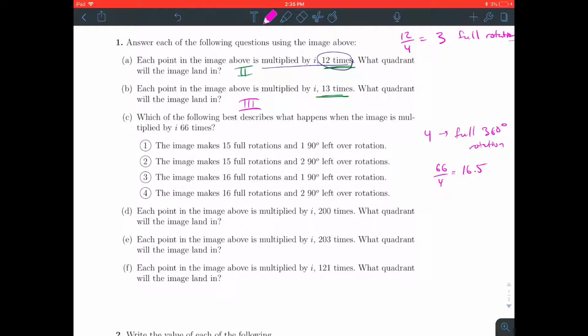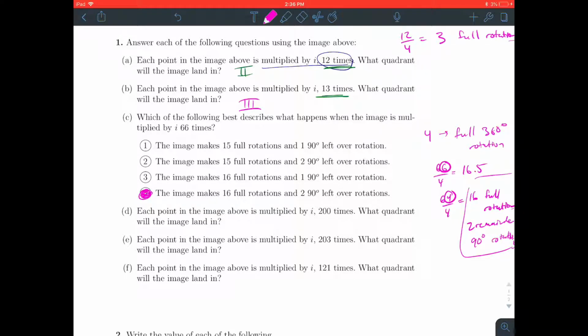And since 66 divided by 4 isn't very nice, if you do a similar number, 64 divided by 4, you'll see that that's 16 exactly. So we have 16 full rotations, but because 66 is 2 off from 64, we have 2 remainder 90-degree rotations. So we've got 16 full rotations, 2 remainder rotations. It looks like that's answer choice 4.